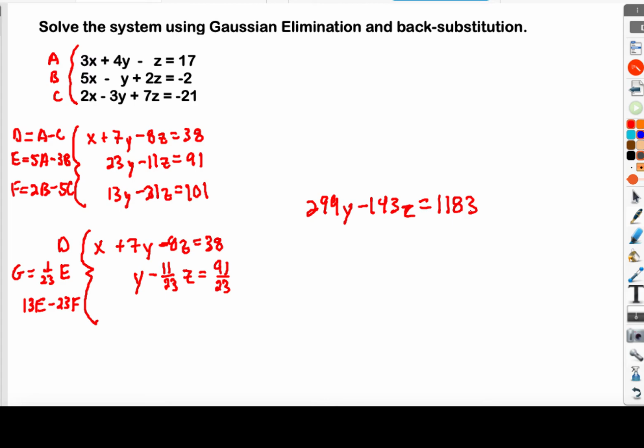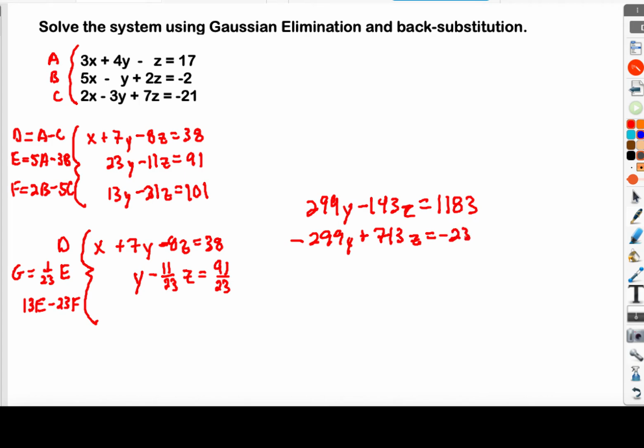We now need to take 23 times equation F. So again, 13 times 23, and a negative 23 at that, will be negative 299y. Then we want to take negative 31 times negative 23, which is 713z. And finally, 101 times negative 23 is negative 2323.